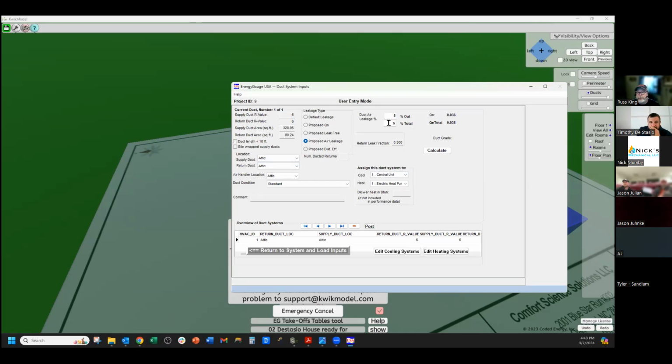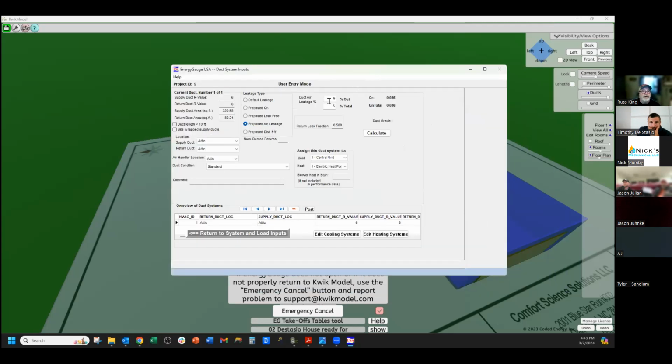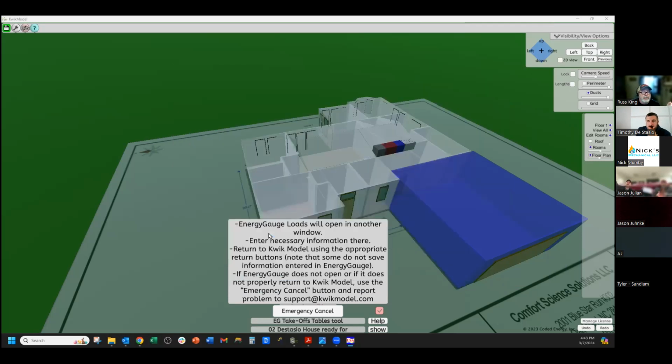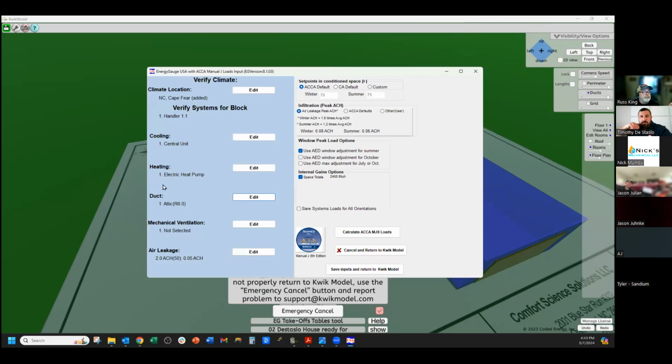Or out here in California, we quantify duct leakage as a percent of total airflow, so you can just plug that number in. It just wants to know all that stuff, and you assign it to its system. It's pretty straightforward. Then it'll ask for some heating system and some mechanical ventilation system. You enter a mechanical ventilation system.